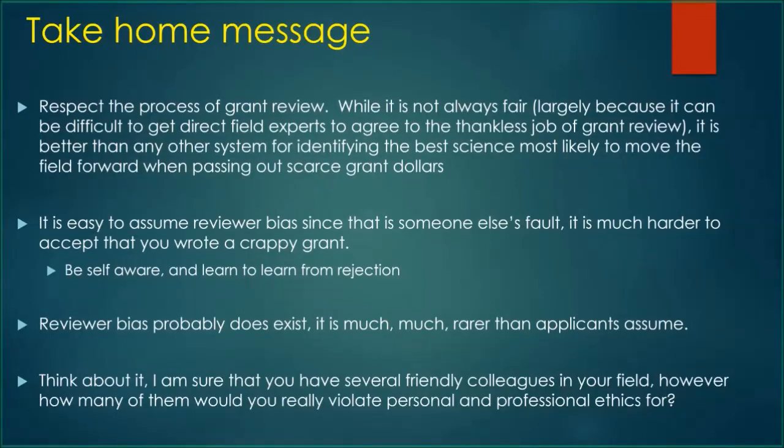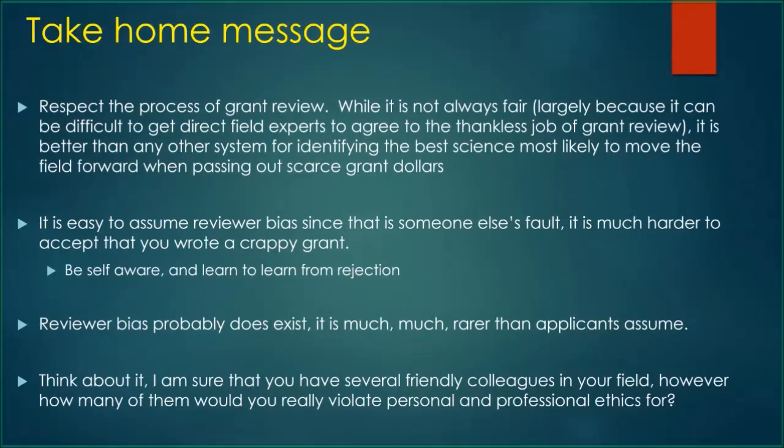If you have somebody who is a non-field specific administrator who doesn't really know the science or know the problems, you really don't want them making the decisions about how to give out scarce grant dollars. Another thing is, it's always easy to assume reviewer bias.